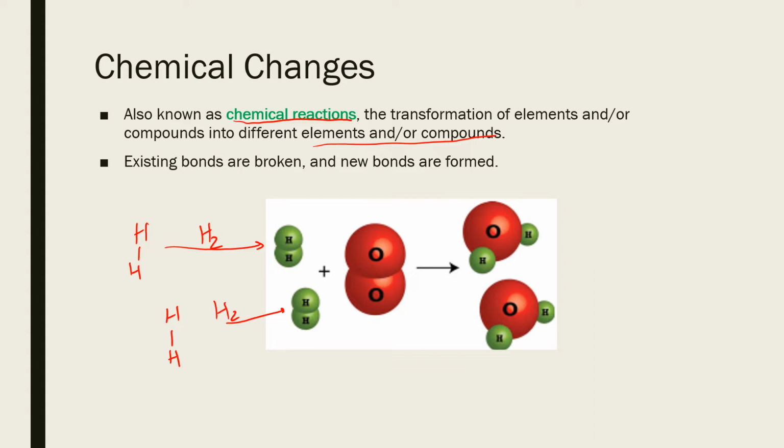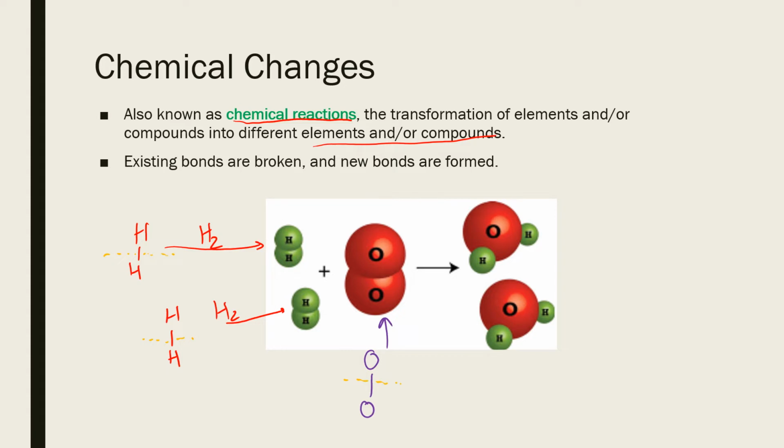In this reaction, hydrogen gas is reacting with oxygen gas molecules, and we know oxygen is made up of two oxygen atoms that are also bonded. In this chemical reaction, the bond between hydrogen atoms will break, and the bond between oxygen atoms will also break. So this is the bond breaking step.